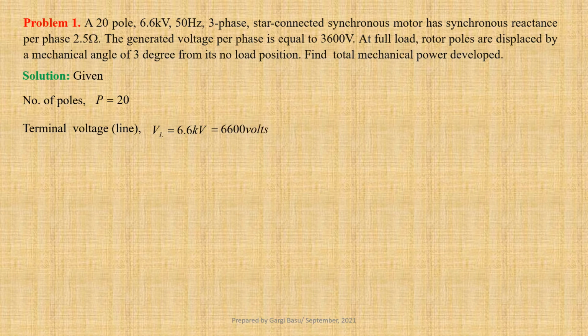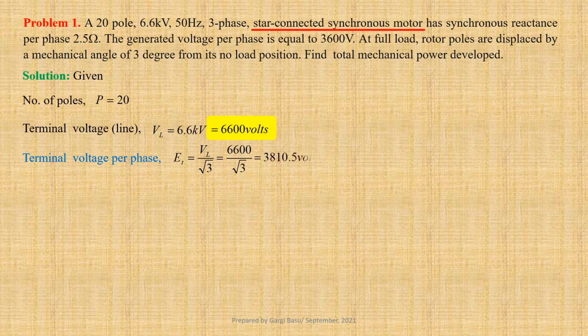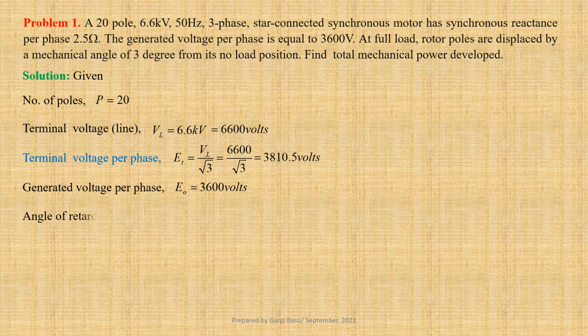Since the armature winding is star connected, terminal voltage per phase Et equals VL by root 3, that is equal to 6600 divided by root 3, that gives us 3810.5 volts.